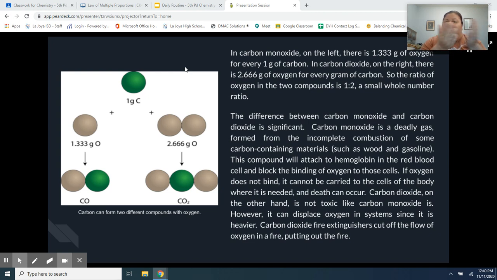When you compare oxygen to carbon dioxide, oxygen is very light, carbon dioxide is very heavy. So if you have a carbon dioxide fire extinguisher, you can cut off that flow of oxygen, which feeds the fire, and eventually put out that fire.